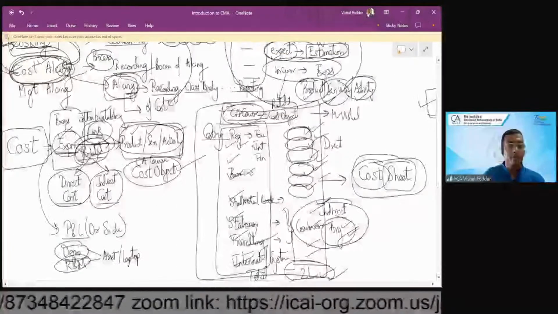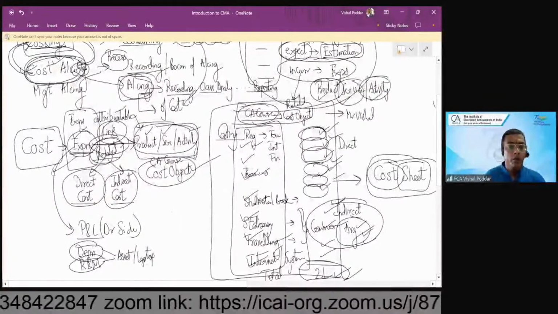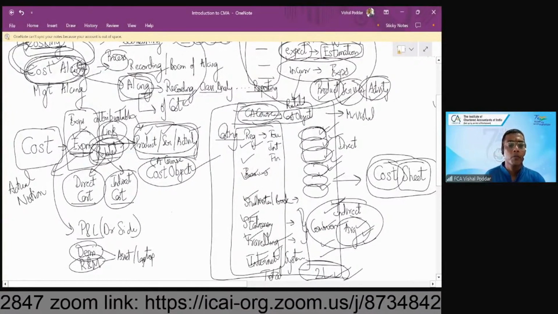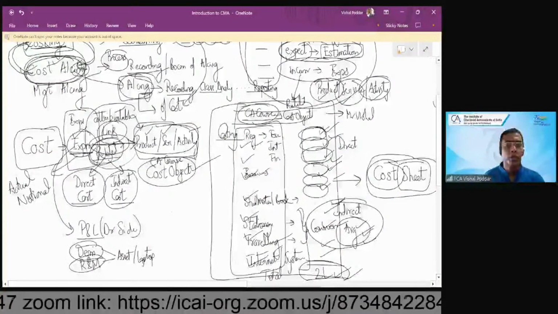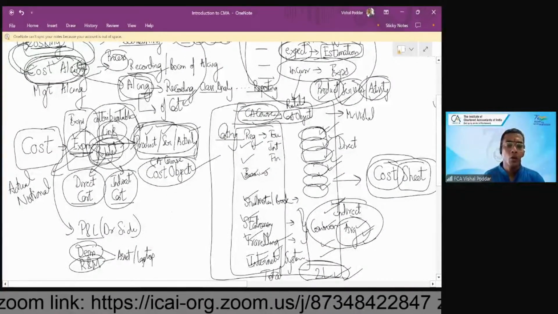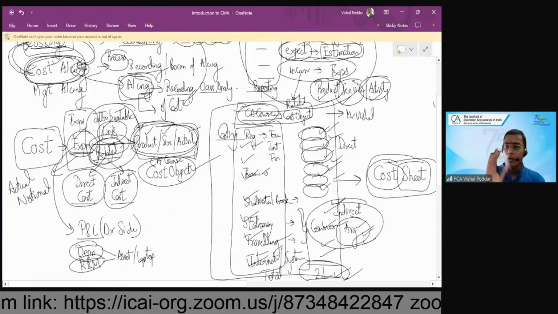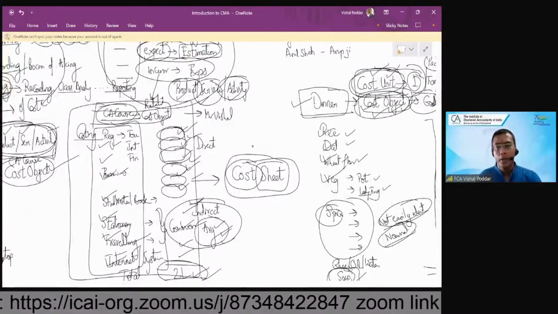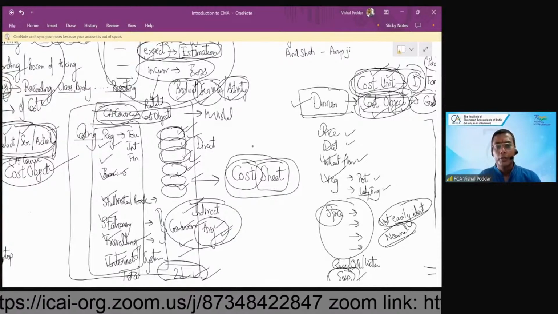This expense may be actual or notional. The only requirement is it should be related. It should be attributable to my product service activity, which is my cost object. Fine. Great. Anybody has any questions up to this point?